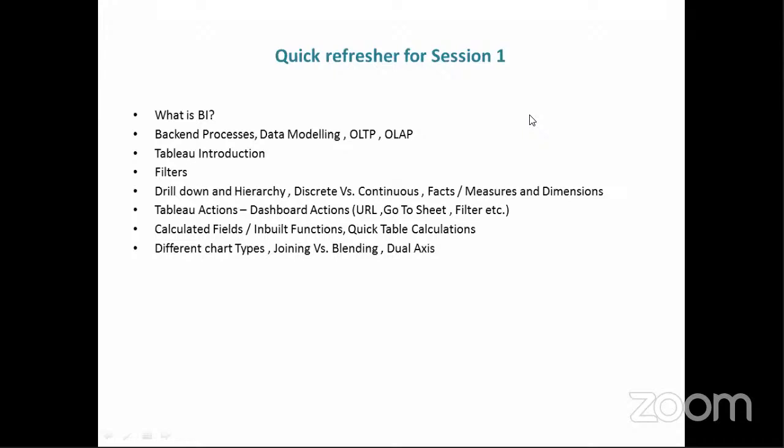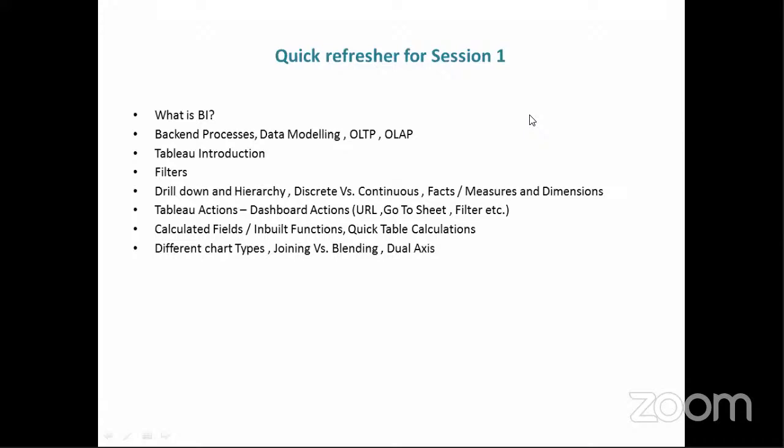In the implicit part, Tableau has provided the date data type, which has an implicit hierarchy, and we can drill down. But if your business requirement says that we have to make use of the implicit one as well as the explicit one, then you need to create that hierarchy explicitly, and then you can use that.